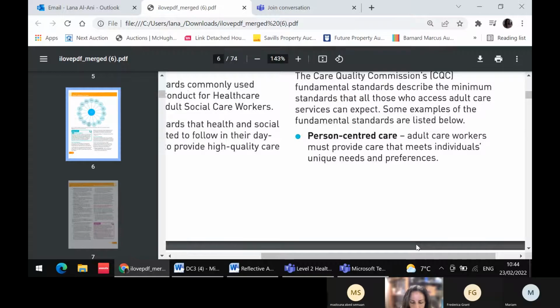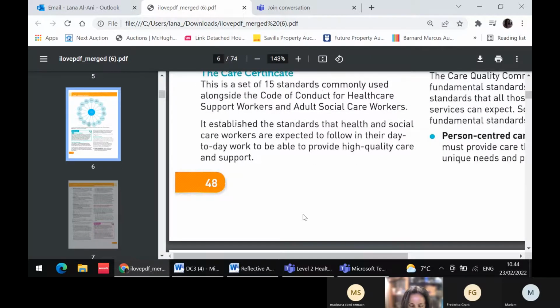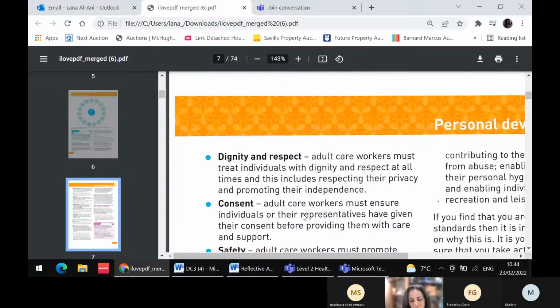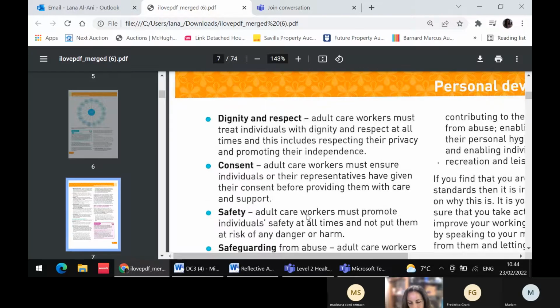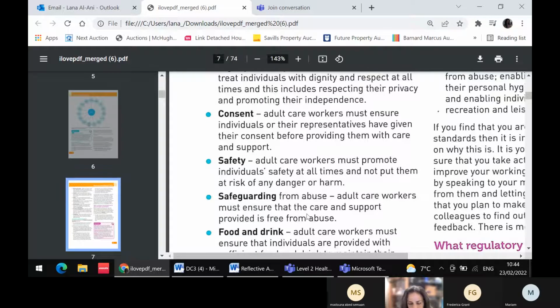You need to put your client at the center of your work and always think about their needs, about how they feel and how they act. Also, you always need to respect their dignity and get consent from them whenever you provide any support or deal with their issues. Always get consent from them.